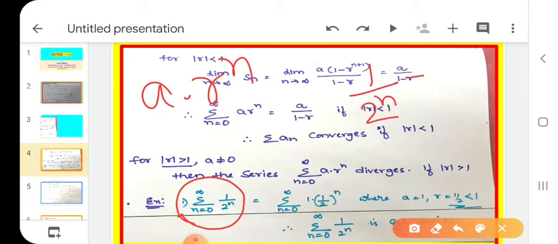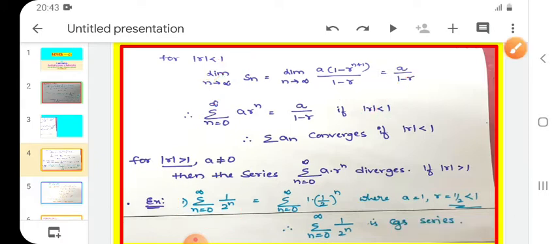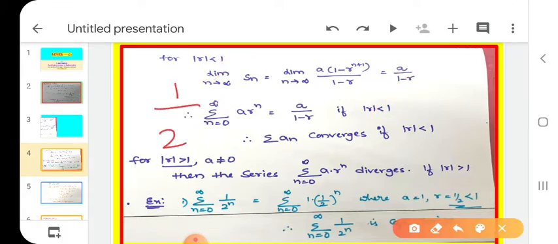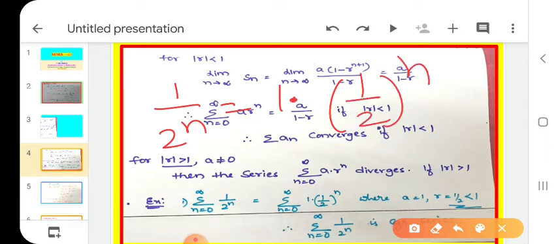So I write 1 by 2 power n as 1 into 1 by 2 whole power n. Are both the same or not? 1 into something is the same. 1 by 2 power n is equal to 1 power n means 1, 2 power n means 2 power n. So both are the same.